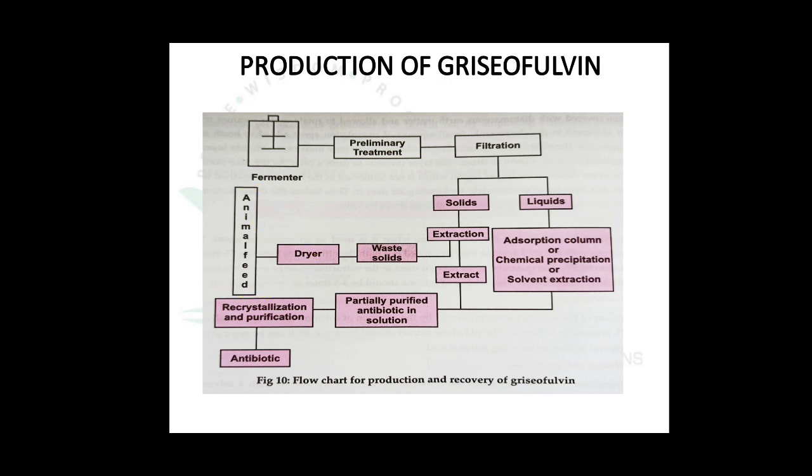From the liquid as well as from the solid extract, the antibiotic is separated using adsorption on a column, chemical precipitation, or solvent extraction, which gives the partially purified antibiotic in solution. Then we can recrystallize and purify the antibiotic, and store it as a dry material.